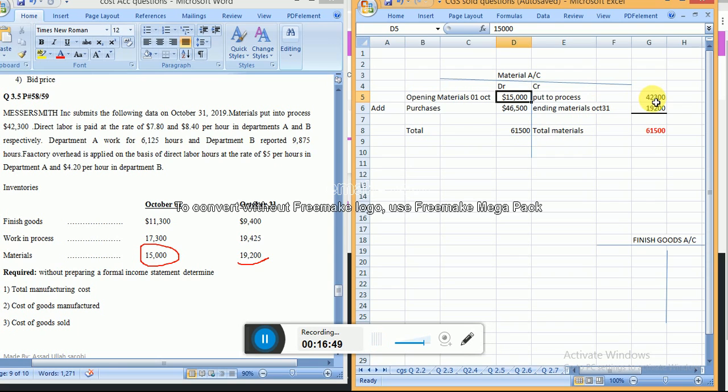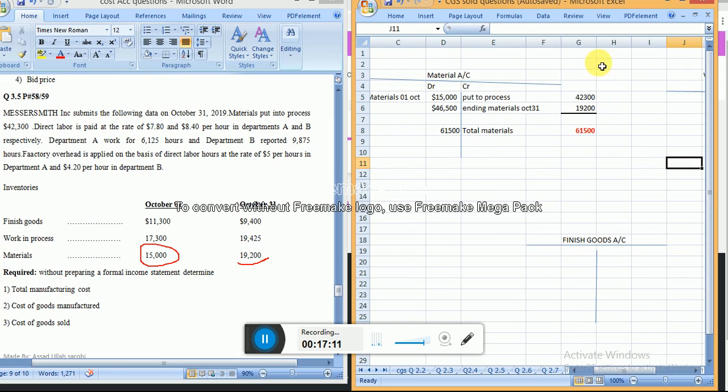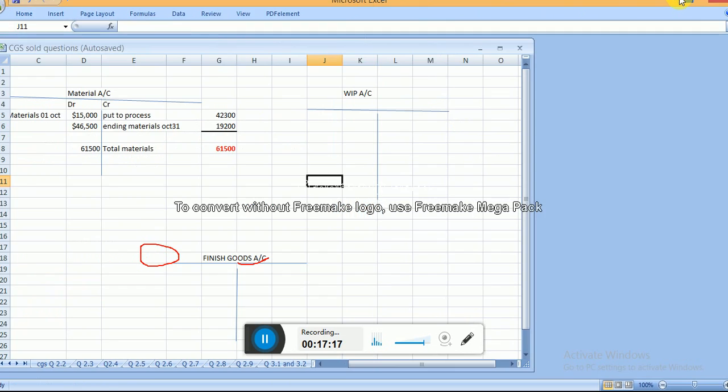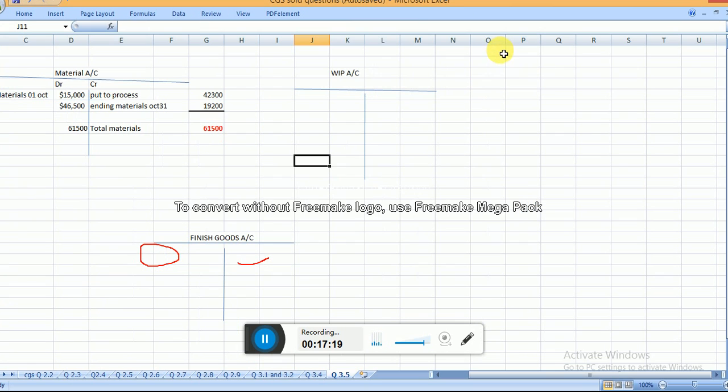Clear now? And in this 61,500 we put into the process. We issued the material of the 42,300. So the remaining 19,200 is our ending. Look at, when we put material into process, here in the material we record on the credit side.